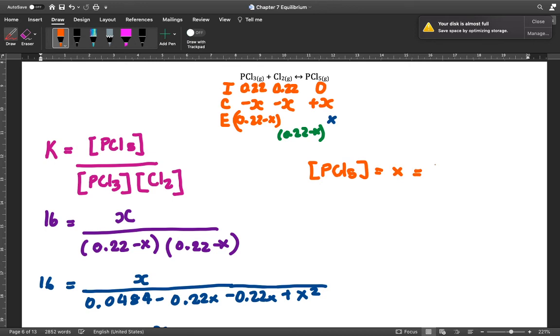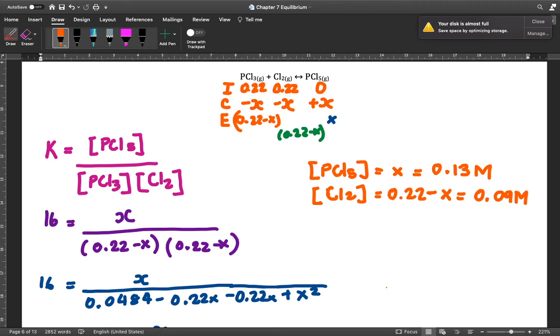And we just found out what x is, which was 0.13 moles per liter. We also know that the concentration of Cl2 is equal to 0.22 minus x. And 0.22 minus 0.13 gives me 0.09 moles per liter.